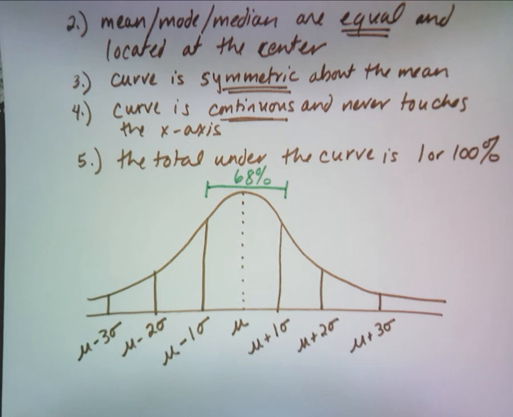Again, this is only if it's normally distributed. If it's not normally distributed, then we've got a problem. But if I'm looking at my grades and I've got one F, one A, 2 Ds, 2 Bs, and it's all nice and normally distributed, then 68% of my data would be within 1 standard deviation of the mean.